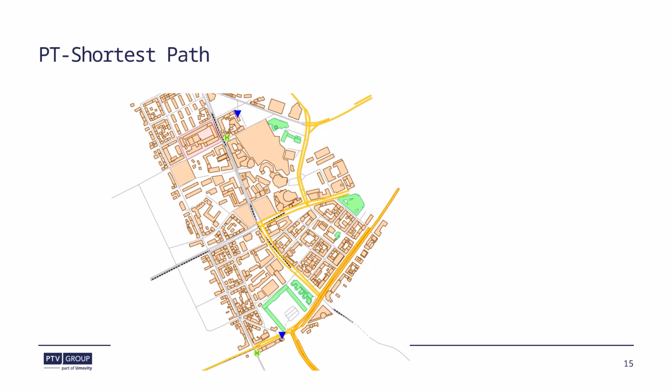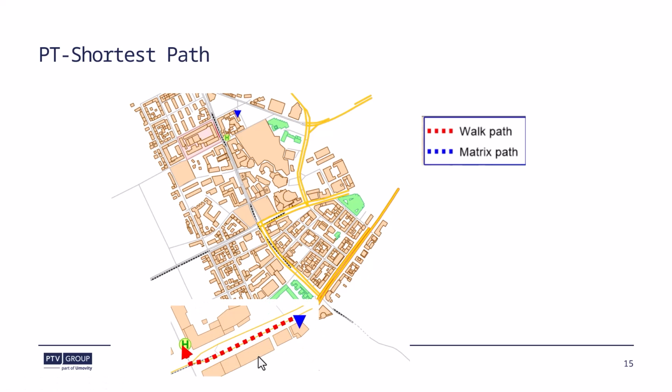Now I come to a certain detail of the shortest path, and it is about the public transport shortest path. As said before, we need to calculate the costs for a trip per mode, also for the public transport mode, and we do that based on the shortest paths. The shortest path starts here at the blue triangle and goes to the first stop. This is a walk path, or a walk path leg, you see here.